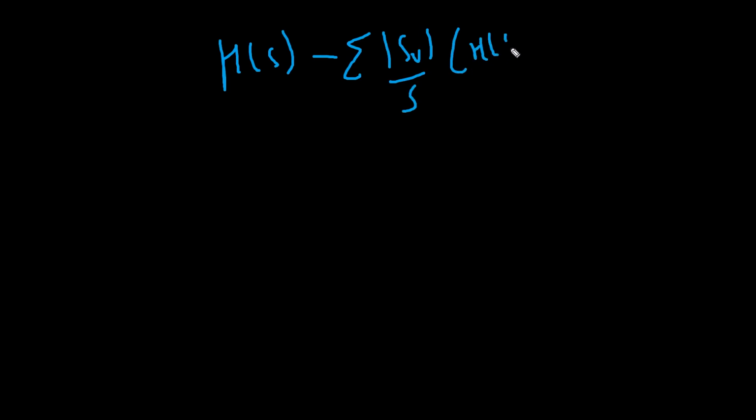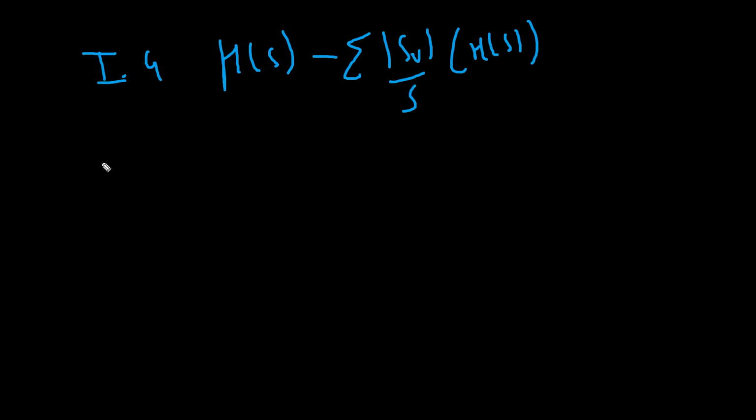So the information gain is the entropy of S minus sigma of Sv divided by S multiplied by the entropy of Sv.